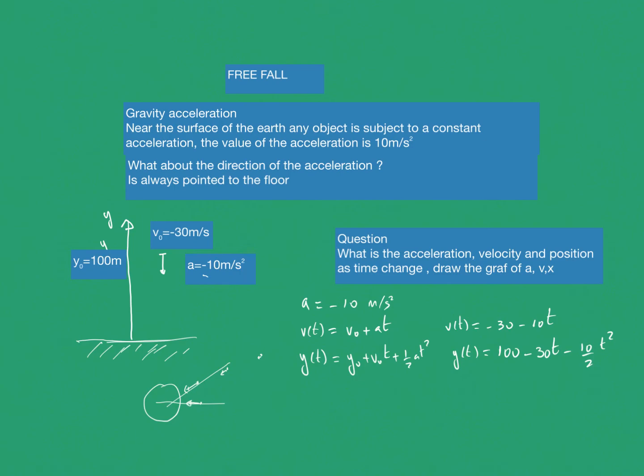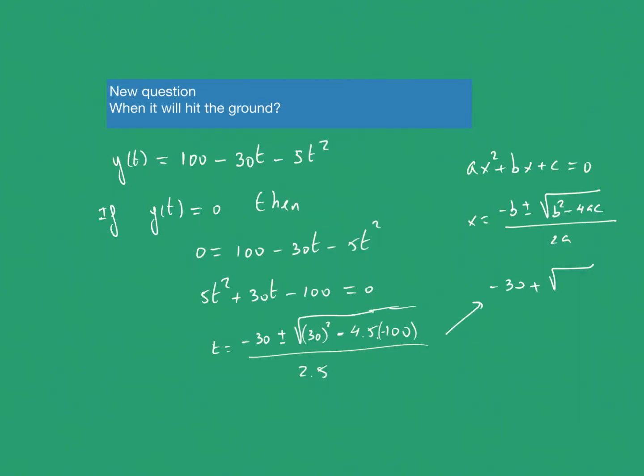So y of t equals 100 minus 30t minus 1/2 times 10 t squared. This is the equation of motion of this object that is launched with velocity minus 30 meters per second. The minus means that it's going toward the ground.